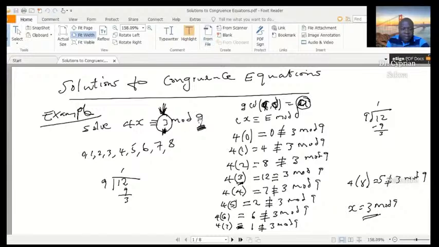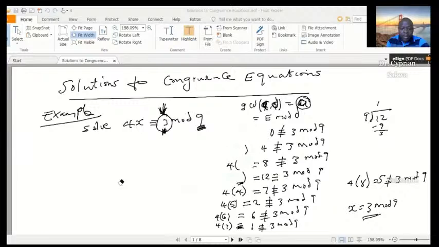Now, when I began, I said that this modulus was relatively small, and therefore I used this method, and I found the answer is 3. And I also stated that I'm not using that method because in some cases I'm given a modulus which is large. Modulus could be large. So now let me show you how I would have done it without this trial and error.